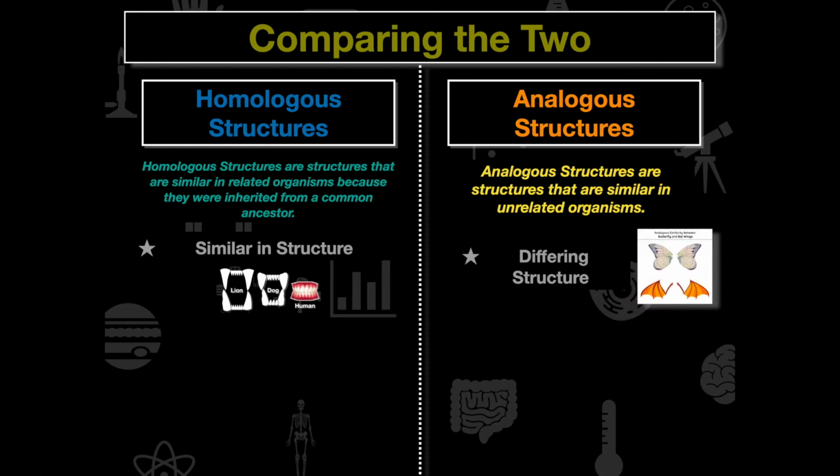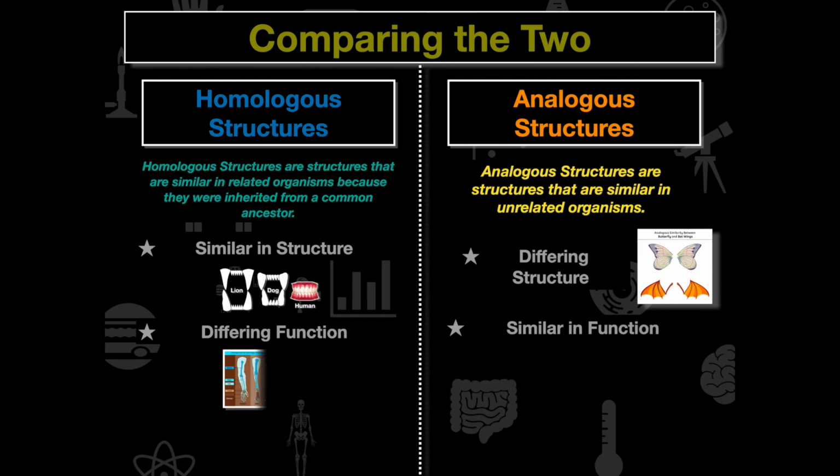The bat wing and the butterfly wing both are wings, but the overall mechanical structure of those two wings is different. They've evolved independently, there's different bones and there's different structures that allow for those wings to arise. Now, homologous structures are going to differ in function in some cases, whereas analogous structures are going to be similar in function. An example that we can think about is if we look at the bone structures amongst a dolphin, a dog, a bat, and a human.